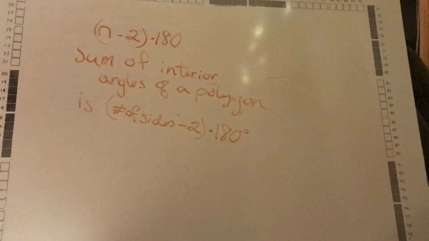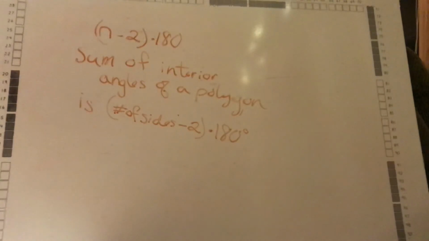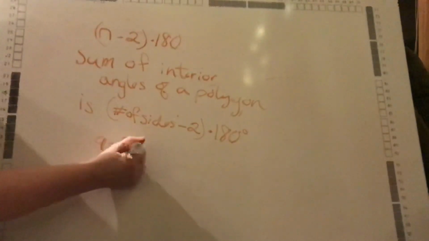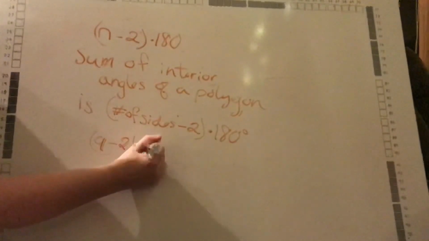So let's say we have a shape that has 9 sides. I'm not going to draw it. But if it has 9 sides, you would take 9 minus 2 times 180.